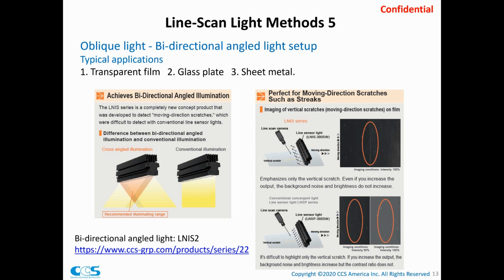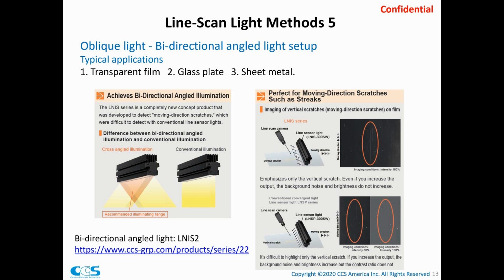This scratch is really common when the sample or part is transported by roller, for example, some transparency film. If some foreign material falls on the roller, when the roller keeps rolling, it will continue to create scratches on the film, and those scratches will always be parallel to the moving direction.